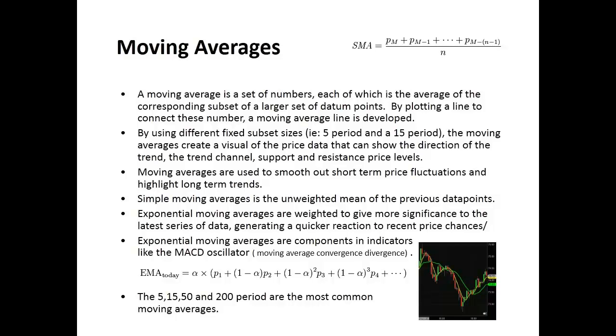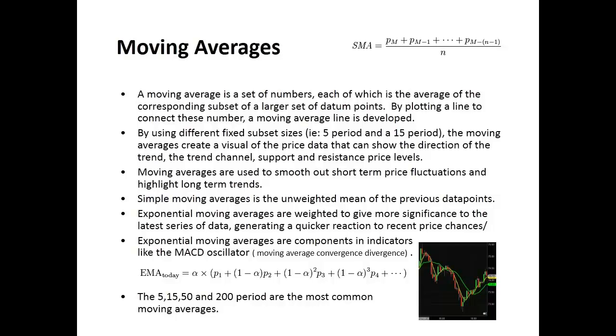A 5 period just simply means a five number series, and each number series increment is whatever the chart increments are. So if it's a 5-minute chart, then a 5 period moving average is going to be the average of 5 minute candles. So basically 25 minutes.